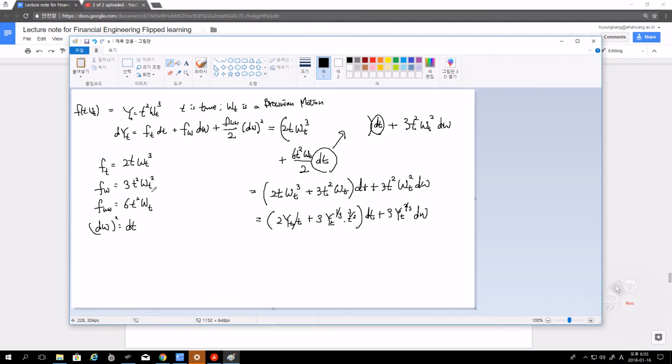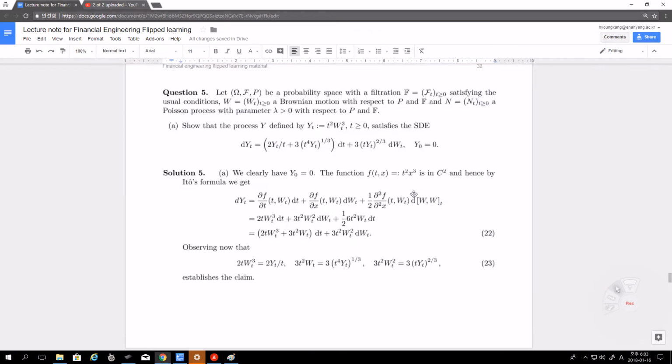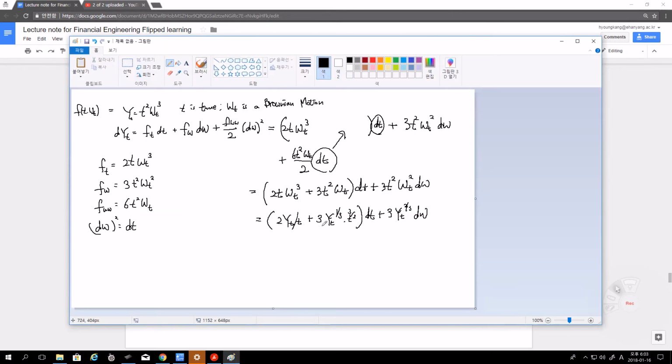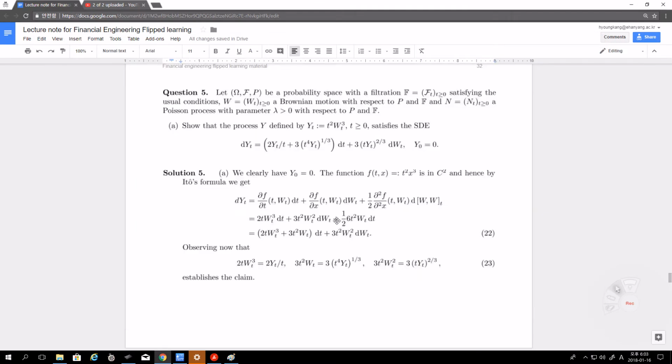I have a mistake because I have to put this one over here. And then half of this one 6t square. So 3t squared wt. Right. So I think my answer is right. So this one is the same as this one. So we can derive the solution like this, right?